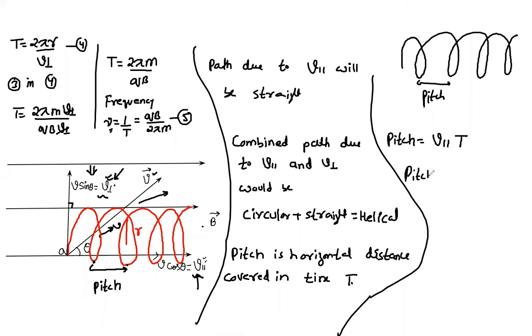So your pitch could be written as V parallel times the time period, which is 2 pi m by qB.